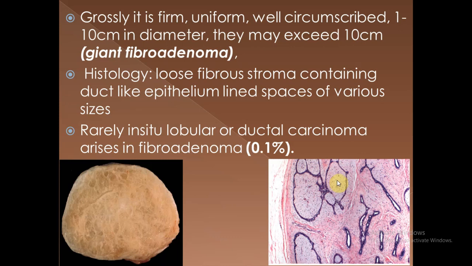Here we have the myxoid stroma, which is characteristic of fibroadenoma. The risk for malignant transformation in fibroadenoma is only 0.1% for all cases, and the type of carcinoma which originates is in situ lobular or ductal carcinoma.